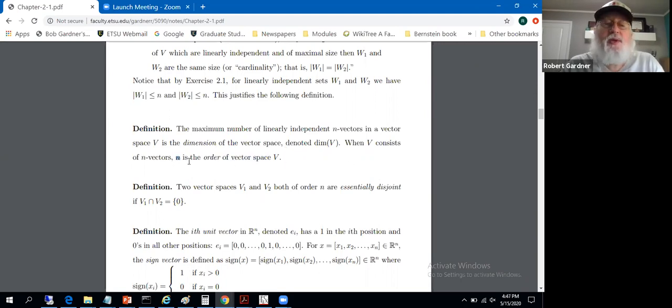That 3 would give us the dimension of the subspace, but if it's a subspace of R4, the vectors all have 4 components. So it could be a 3-dimensional subspace of vectors with 4 components. And then we'd say the order of that subspace would be 4, yet the dimension is 3.